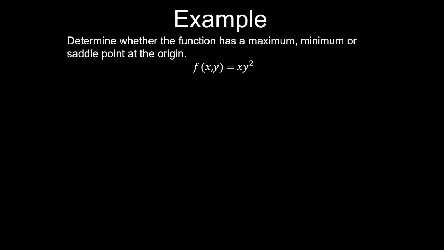Determine whether the function has a maximum, minimum, or saddle point at the origin. So if we take the partial derivative with respect to x, we get y squared, and the partial with respect to y gives 2xy. So setting this to 0, we find that the origin is a critical point.